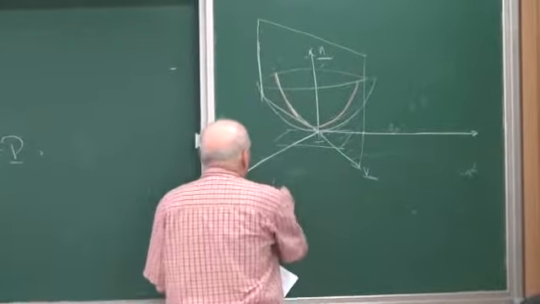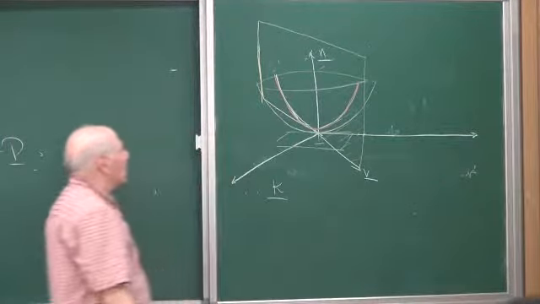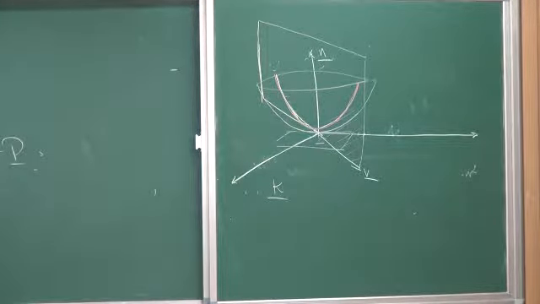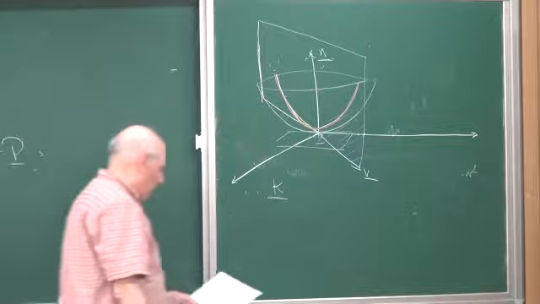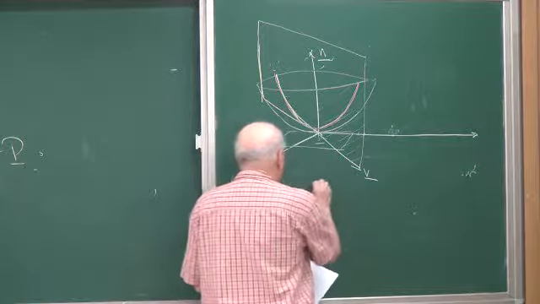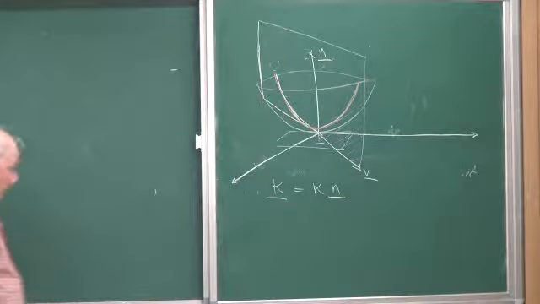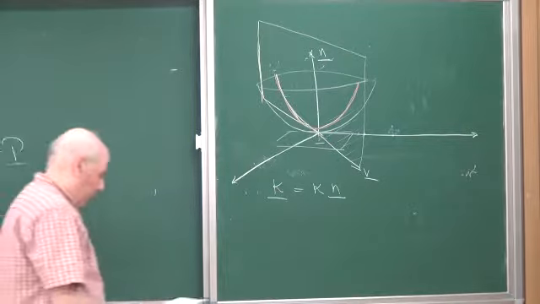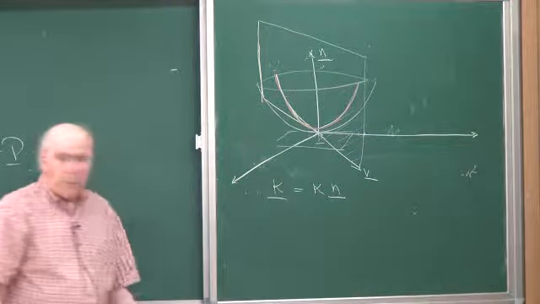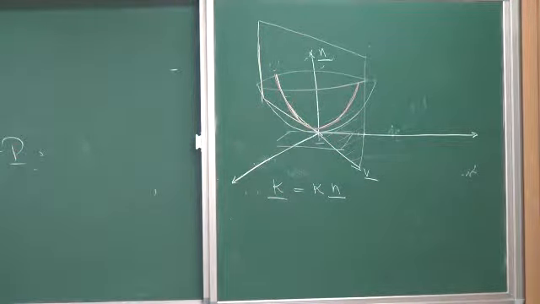For that curve, of course, I can find the curvature vector, which must lie in the direction of the normal to the curve. Now what happens?